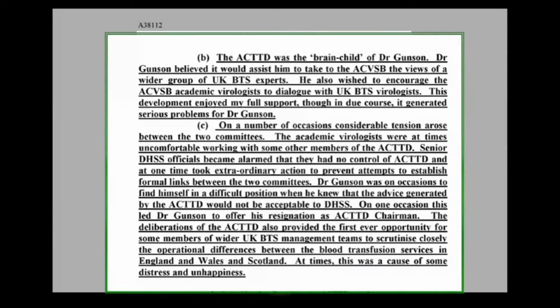The deliberations of the ACTTD also provided the first ever opportunity for some members of wider UK BTS management teams to scrutinise closely the operational differences between the blood transfusion services in England and Wales and Scotland. At times, this was a cause of some distress and unhappiness.